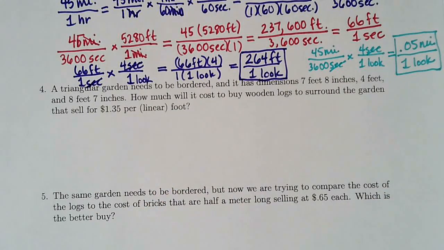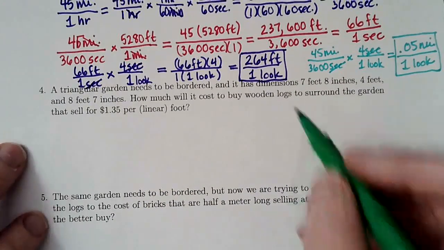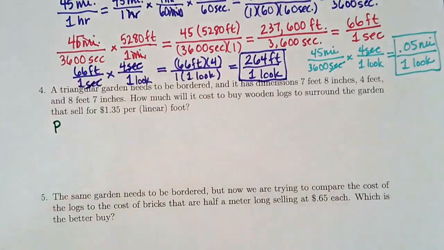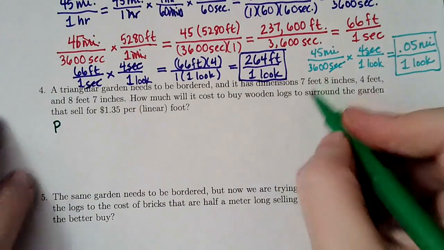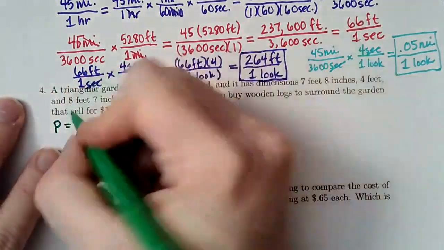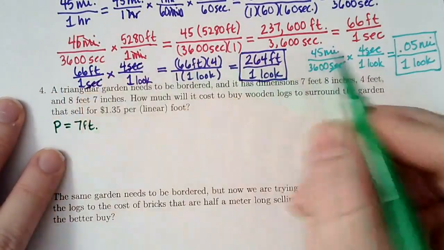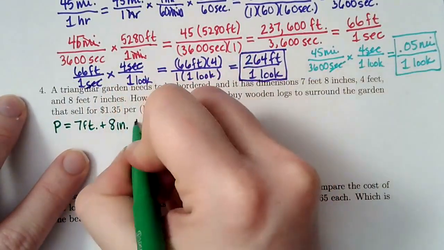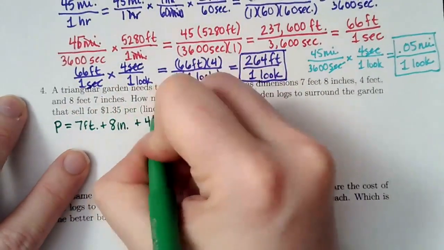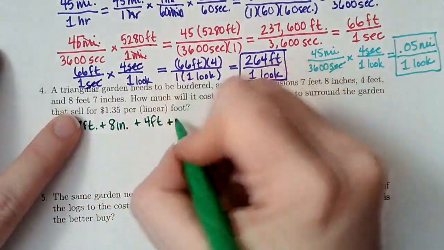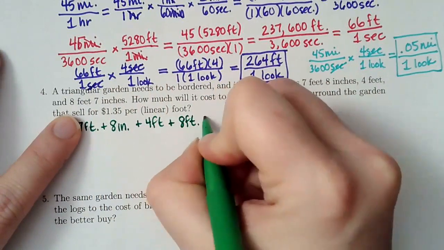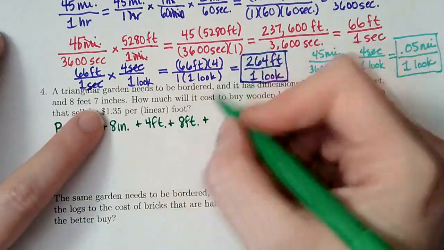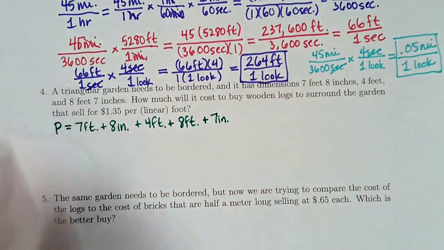But just to go with this, the perimeter or the distance of logs we need looks like we have 7 feet plus 8 more inches plus 4 feet plus 8 feet and 7 more inches. Okay, so it looks like that's what we're working with here.